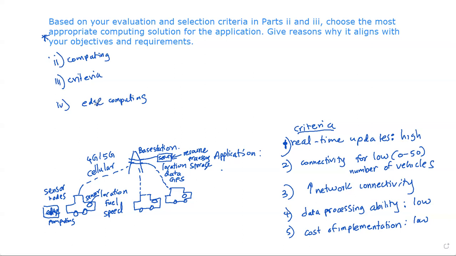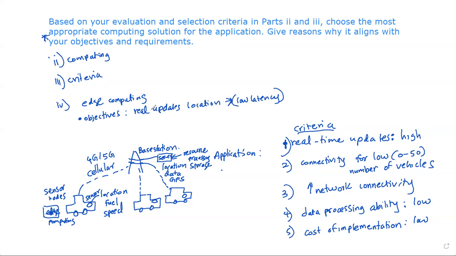So then I'm asking why it aligns with your objectives and requirements, right? So my objective is to give real-time updates. My main objective is to give real-time updates regarding the location of the vehicles. So in order to give that information, I need to use computing technology like edge computing or fog computing, right? Because I need to maintain the low latency output, right? I need to maintain this metric. So therefore, I suggest that we can use edge computing for this application, right?